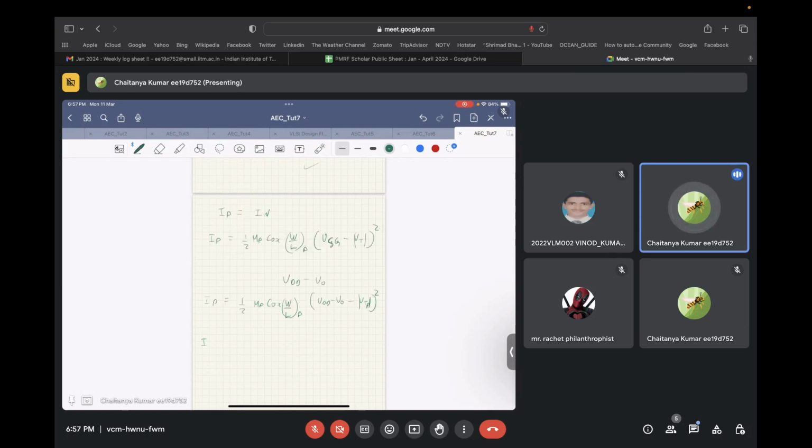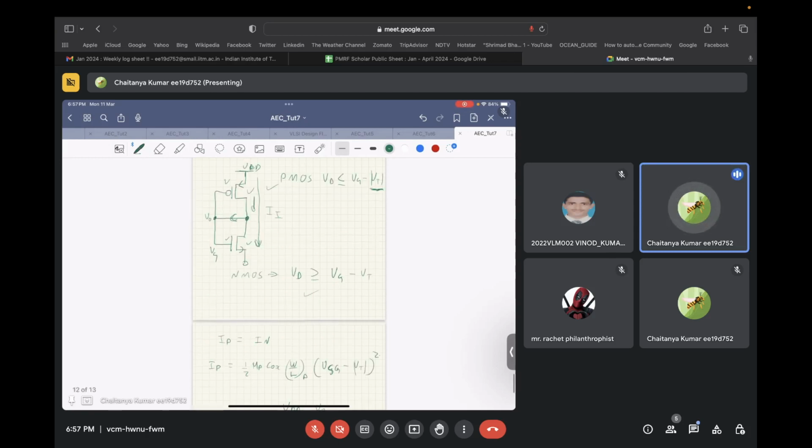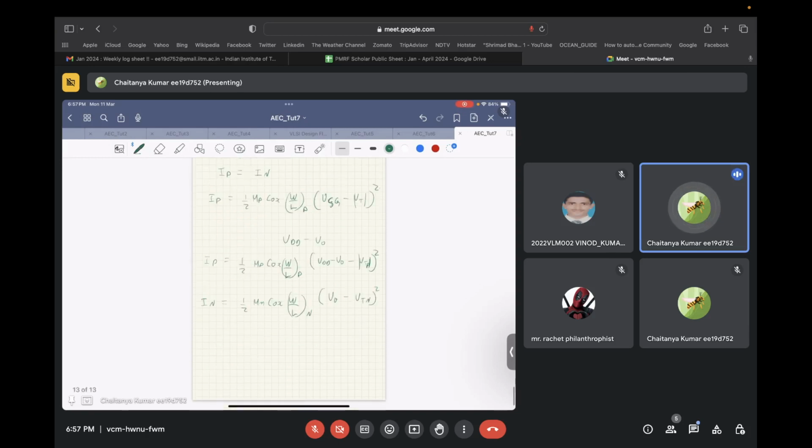And similarly, what is IN? That is equal to half mu n Cox W by L of n times V naught minus VTN, whole squared. Since these two transistors are in series, the current flowing from PMOS to NMOS will be the same, so IP is equal to IN.